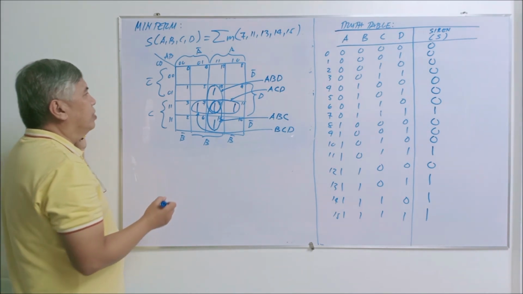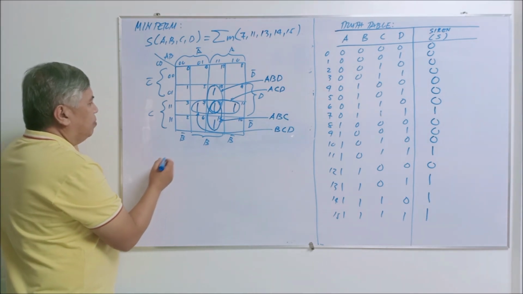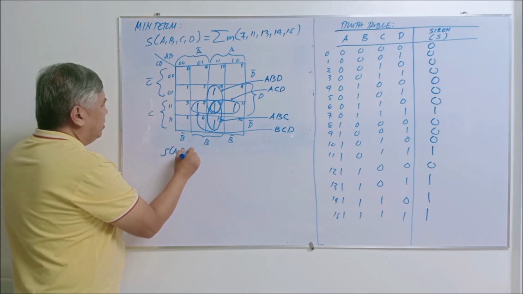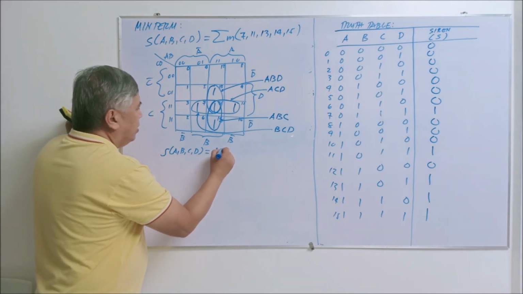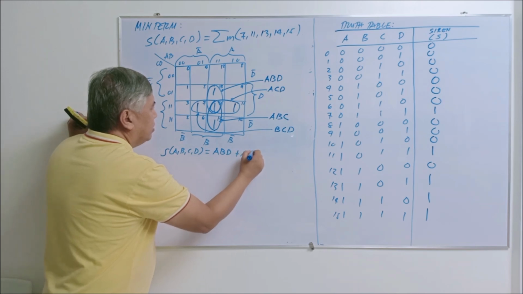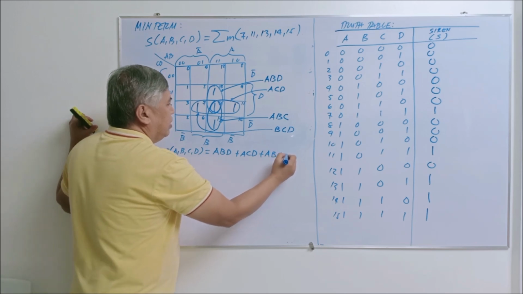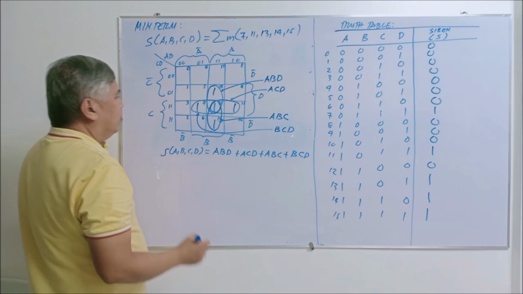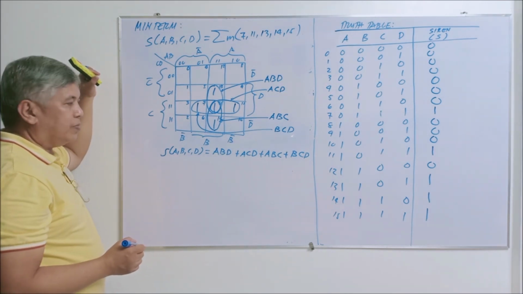So the equation, therefore, using the min term or SOP, will be S as a function of A, B, C, D is equal to ABD plus ACD plus ABC plus BCD. So that will be our logical equation.